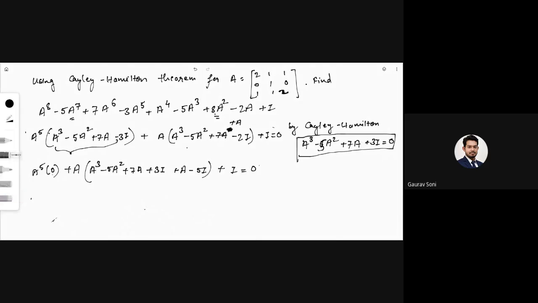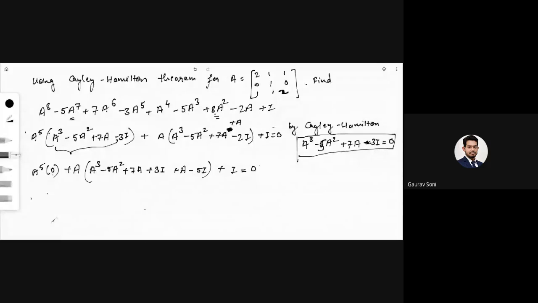Our characteristic equation was minus 3I. Our determinant turned out to be 3, right? So the minus 2I term will be minus 3I plus I. Determinant was minus 3 plus 3, and minus determinant of A equal to 0 was the characteristic equation, so it turned out to be minus 3I. Yes, sir.